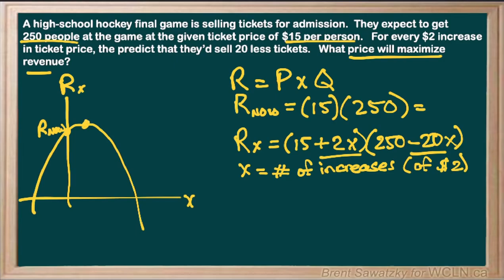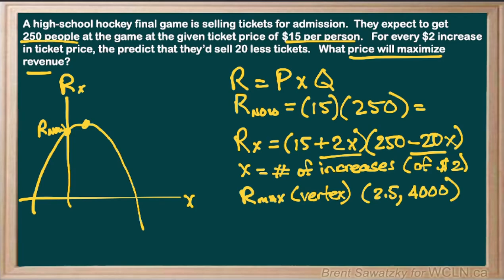The vertex is definitely of interest to us, because that is where we see the maximum revenue. From Desmos, we can identify the vertex as 2.5 and 4,000. So we can make a maximum revenue of $4,000 if we were to have 2.5 increases.